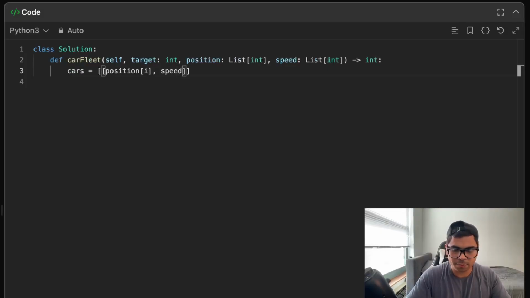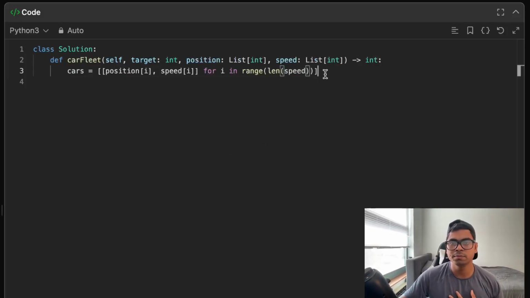That's what we did, right? Speed i, for i in range length of anything, speed or position, whatever. So let's say speed, because they're the same length, by the way.